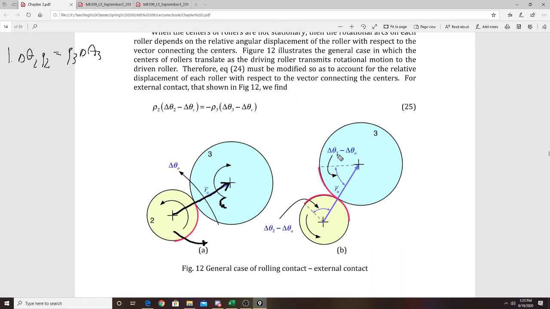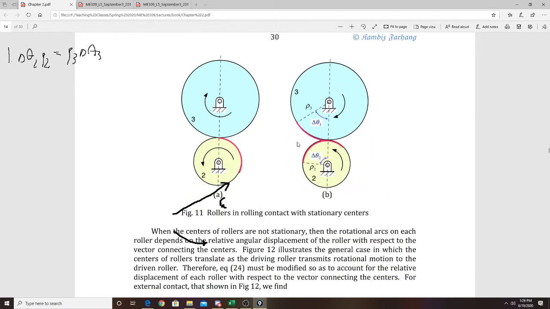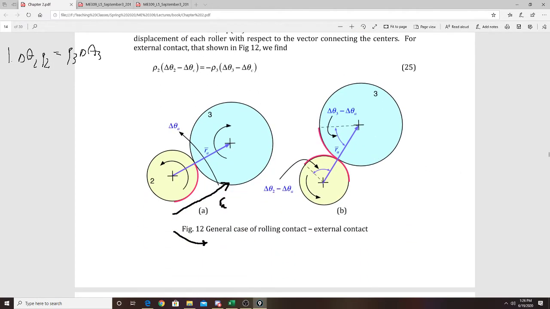Essentially, what we're doing here is that this original equation at the very top is just the radiuses times the change in angle, right? Over here, if you look at this one, this right here is the original one, the change in theta 2, right?